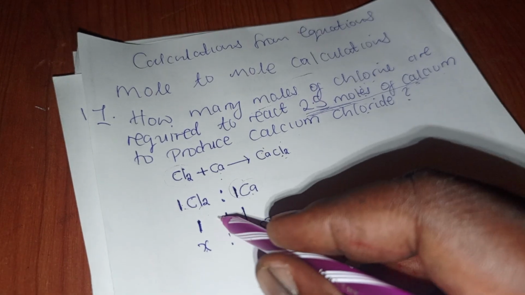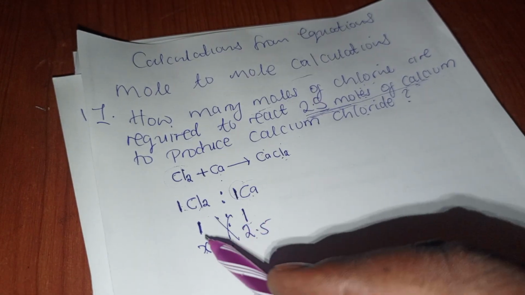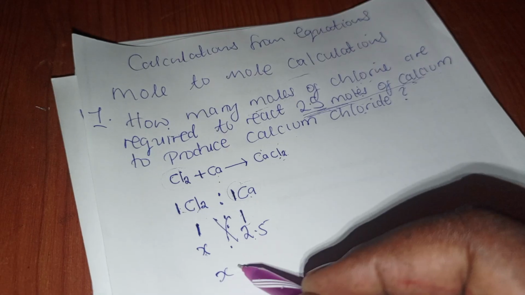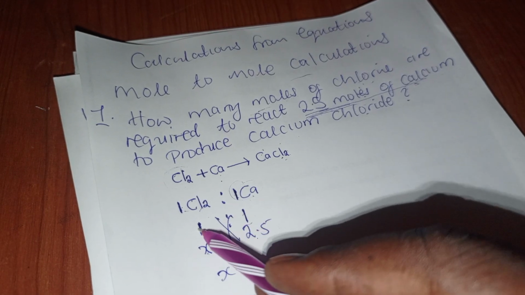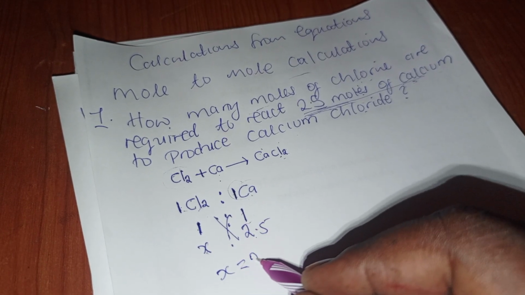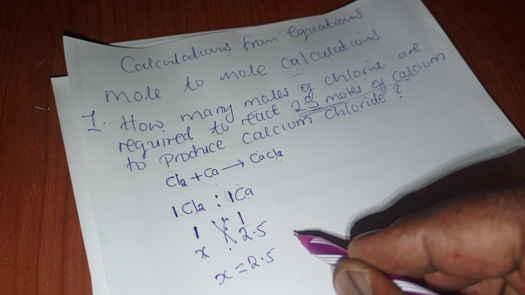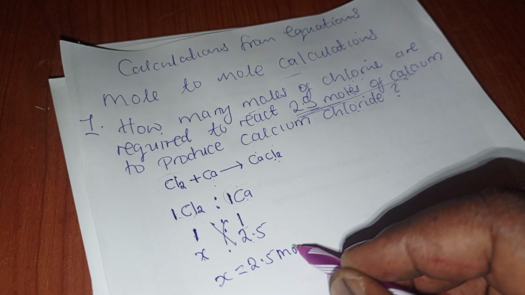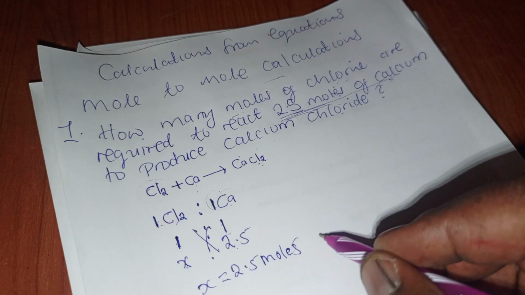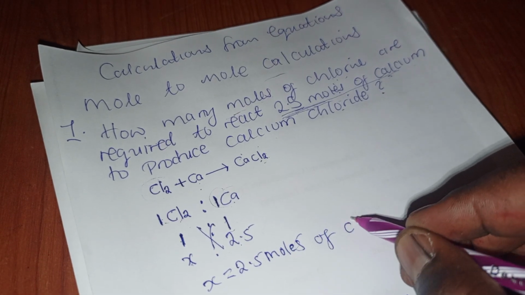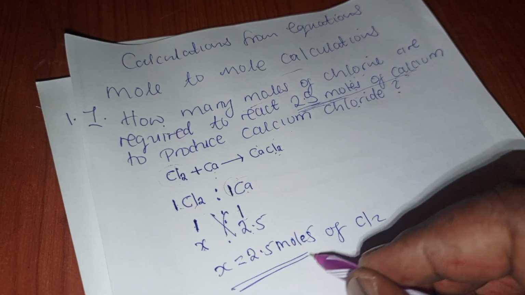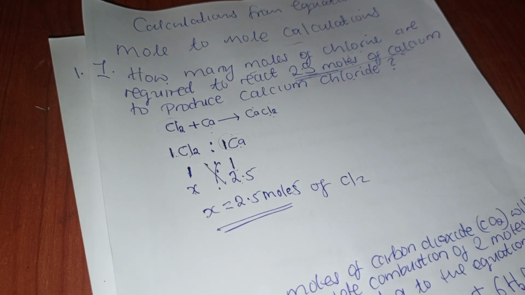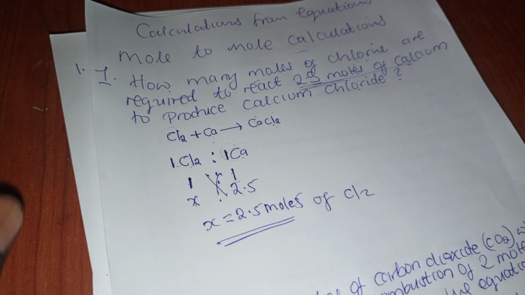Then you cross multiply: 1 times X is X, equal to 1 times 2.5, which is 2.5 moles. This is moles of chlorine gas. That will be the final answer for this question.